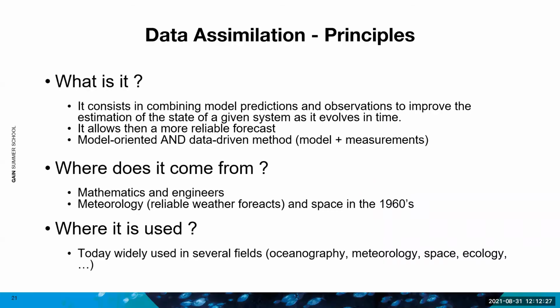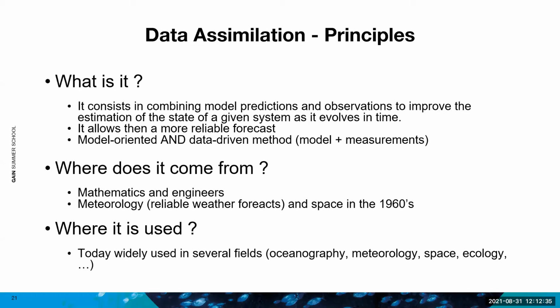all along your sample campaign, for example, you will be able to use the data already available to try to improve the model, and then to try to improve the next forecast. So you will improve your forecast and make it more reliable, closer to what is really going on.